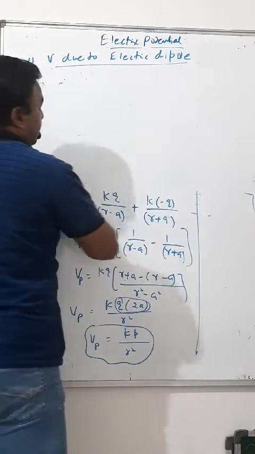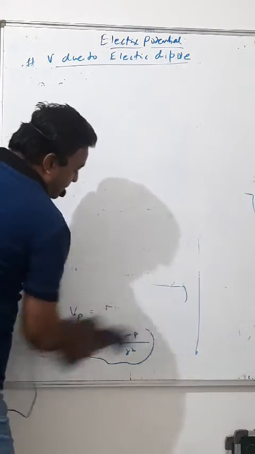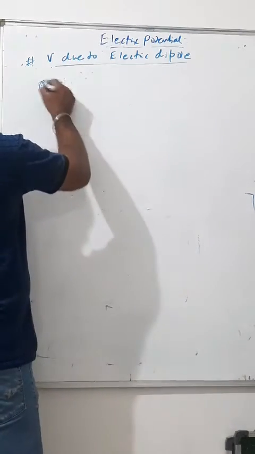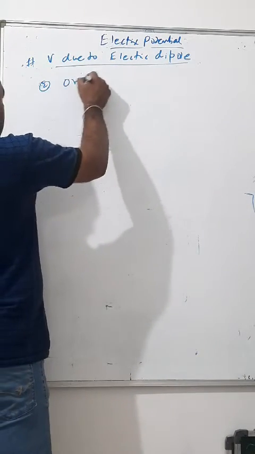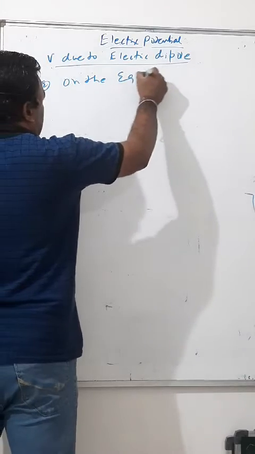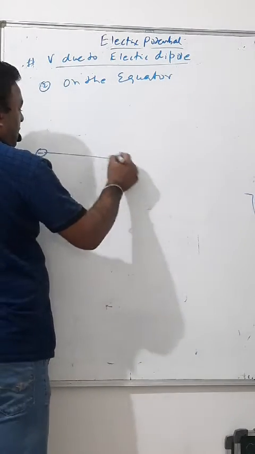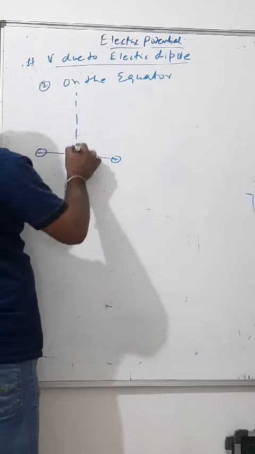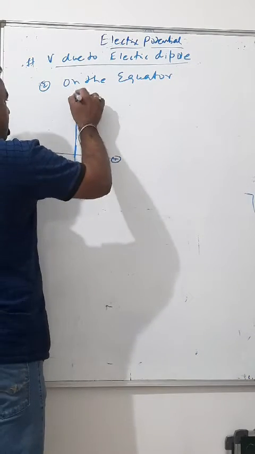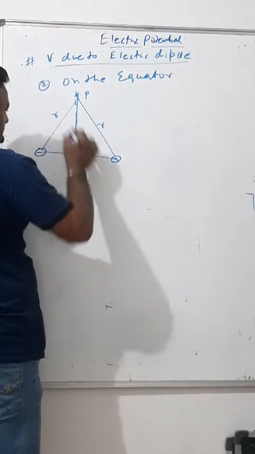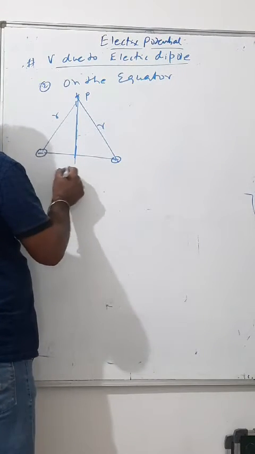Now, second one, on the equator. On the equator means this line. I hope you are very much familiar with this. This point is R, this point is R. This is 2A.